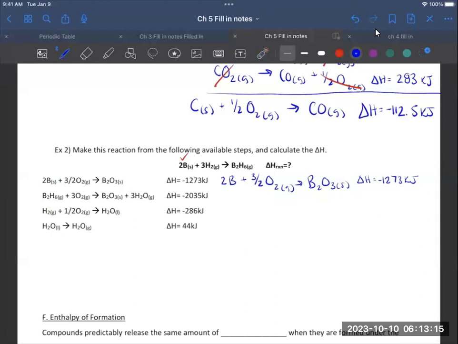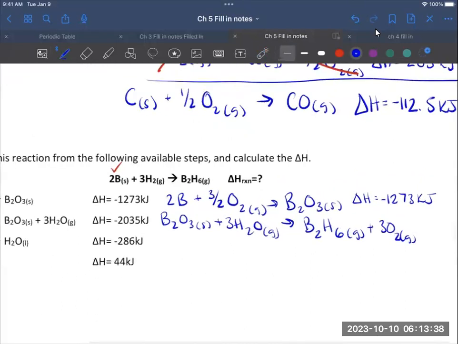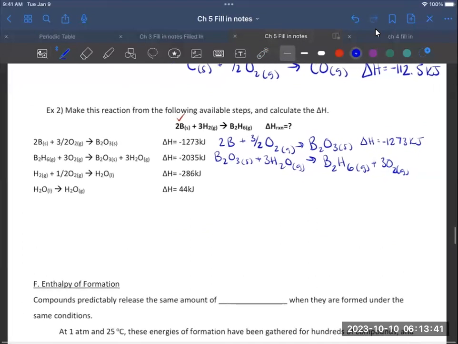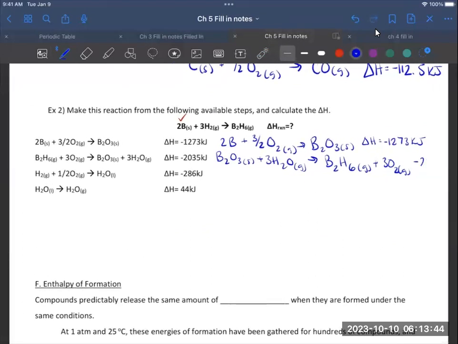So reversing it, I'm going to have B2O3 solid plus 3H2O gas turning into B2H6 gas plus 3O2 gas. Okay, oh gosh, I'm running out of space here. So it's negative 2.035 kilojoules. Okay, so that was that step. And I now have this guy covered as a product.